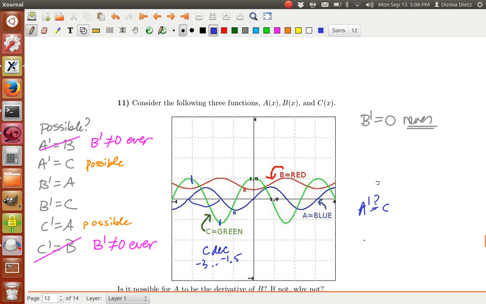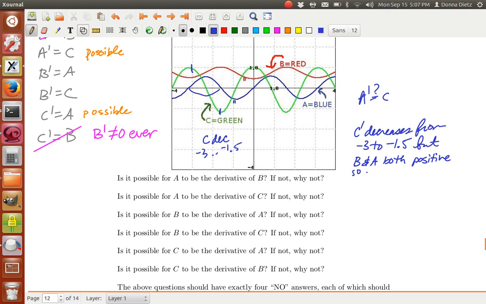So you would say C prime decreases from -3 to -1.5, but actually B and A are both positive, so we get 2 for the price of 1. So neither B nor A can be C prime.